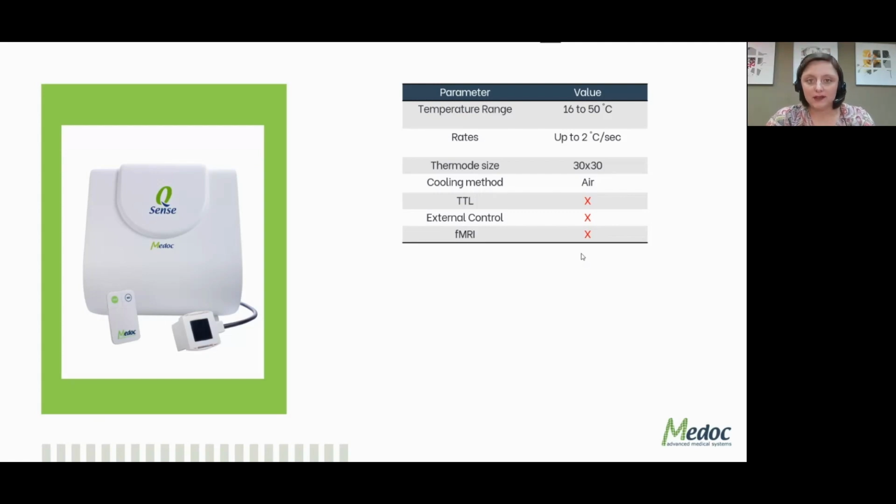As I said, we developed it as a standard simple QST device, so it was very important for us to keep the 30 by 30 thermode size, which we did. This device is air-cooled, meaning there is no liquid to fill. You can see here the Qsens thermode, and the area in which the ventilator sits and cools the thermode down, so it's air-cooled.